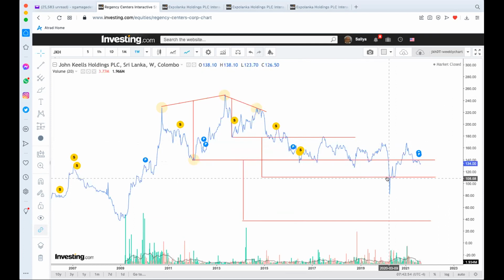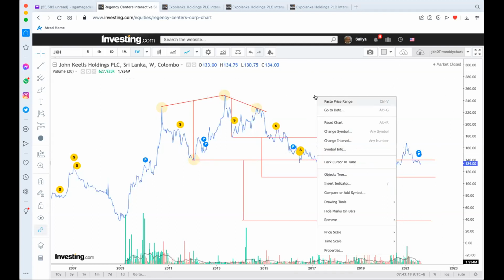It was achieved. So this is a simple chart pattern, but it's an effective chart pattern if you master it. When you are mastering it, you can make use of any amount of charts.